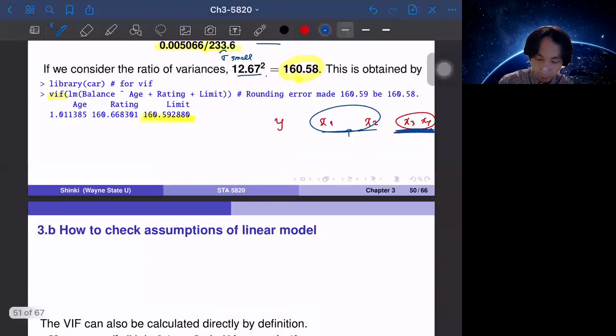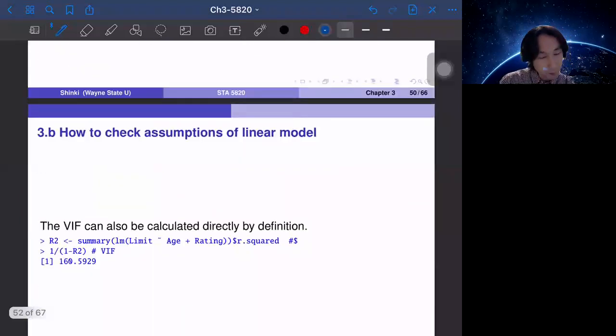Typically, for example, with economic variables, we have multiple definitions of the employment rate, or multiple definitions to measure the output of the economy, for example, industrial production, or GDP, or maybe the power usage.